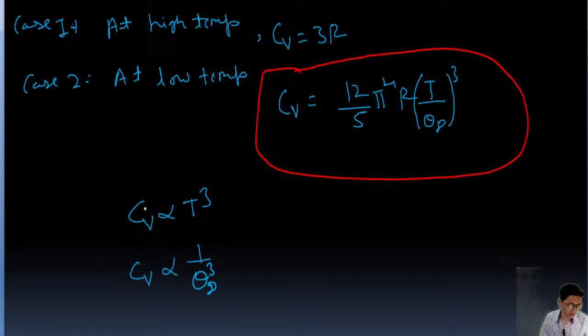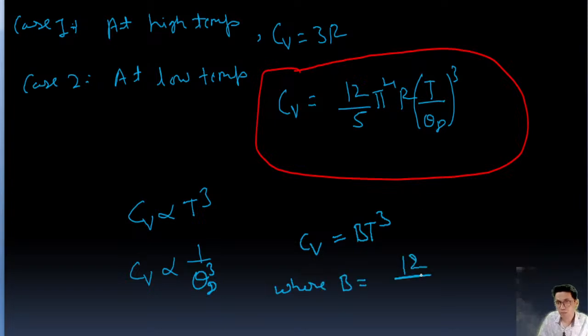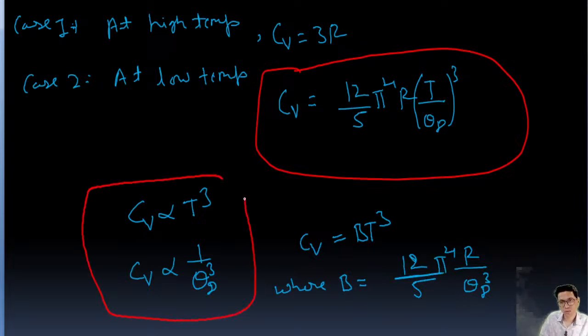So we can write Cv is equal to B T cube, where the value of B is 12 upon 5 pi to the power 4 R upon theta D cube. These are very important results, guys, you must note down and memorize them.